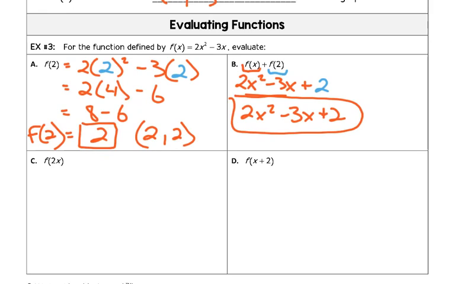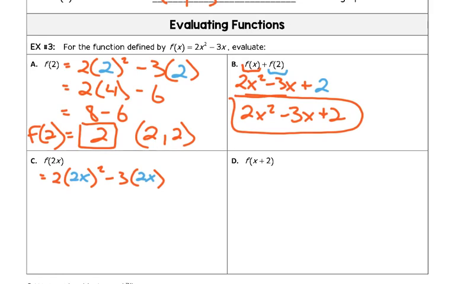Moving on to part C, where we have f of 2x. What does that mean? All that means is that, just as I did before with f of 2, wherever I see an x in my f of x, I'm going to replace that with a 2x, which would look something like this.